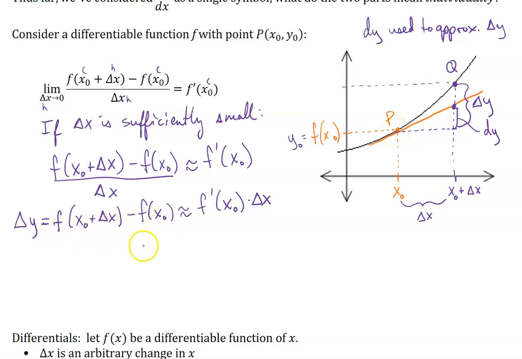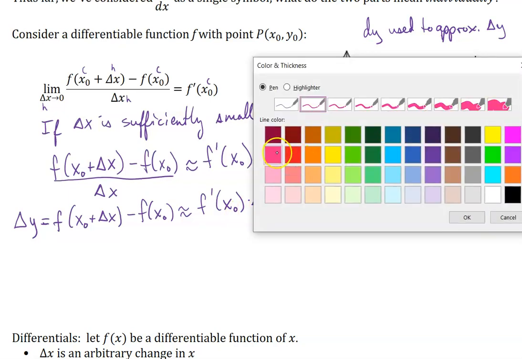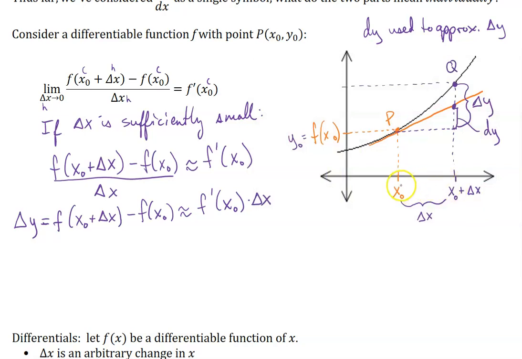This is y2 minus y1. Now over on this side, we have the derivative at x sub 0 times delta x, okay? Well, here's the thing about delta x. Delta x, the horizontal change between these 2 points, is exactly the same on the curve and on the tangent line.